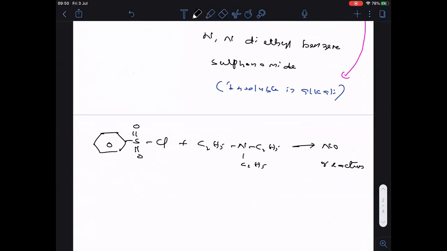So this is a distinguishing test for primary, secondary and tertiary amines. Primary amine will react with Hinsberg reagent to give an amide which is soluble in alkali. Secondary amine will react with Hinsberg reagent to give an amide which is insoluble in alkali, and tertiary amine gives no reaction.